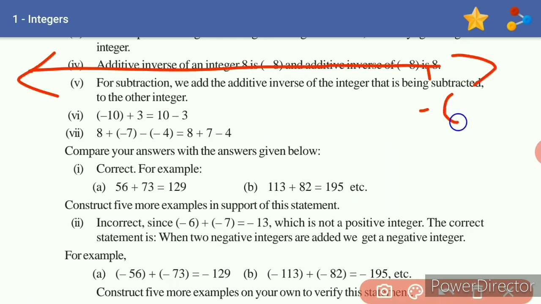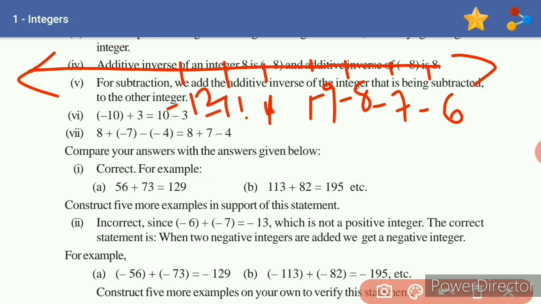If we go to the left, the number becomes smaller and smaller: -6, -7, -8, -9, -10, -11, -12, -13, -14.